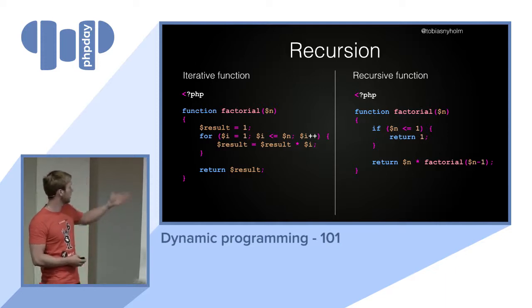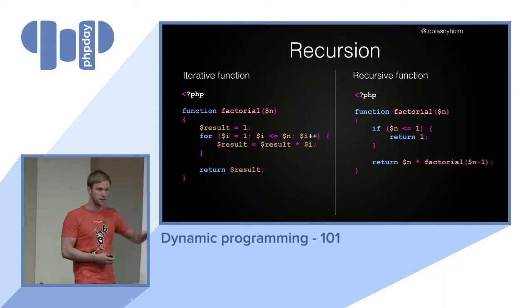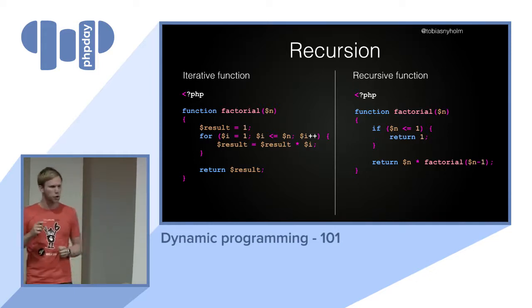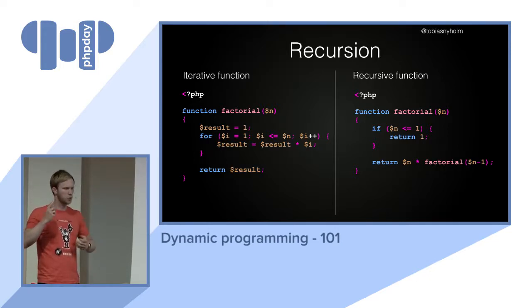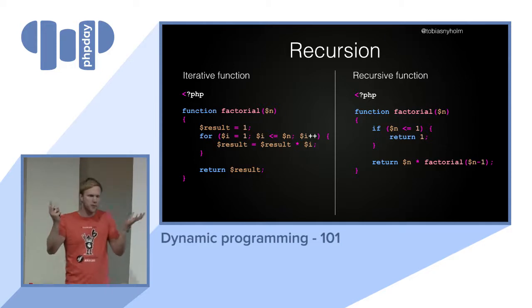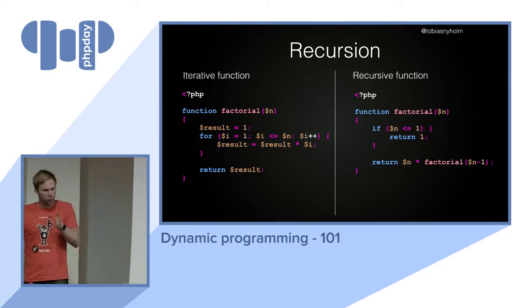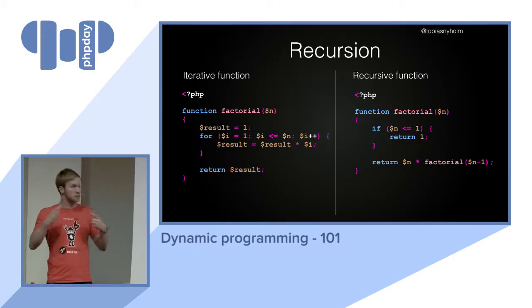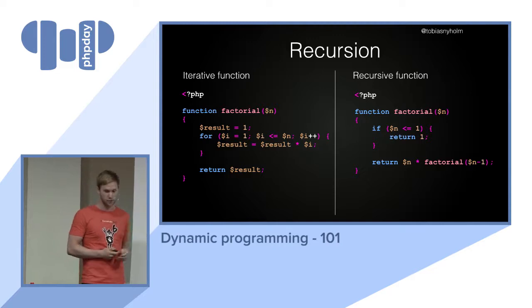Excellent. This is an iterative function, and that's a recursive function of it. A recursive function just calls itself. So if we want to use a recursive function, we've got to come up with a great idea. We've got to figure out that 4 factorial is actually 4 times 3 factorial. And when we know this, it's easy to write this function.